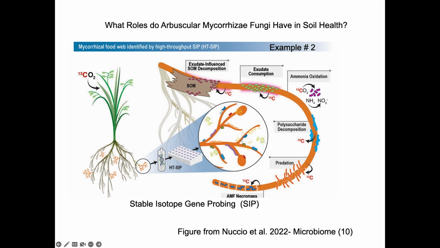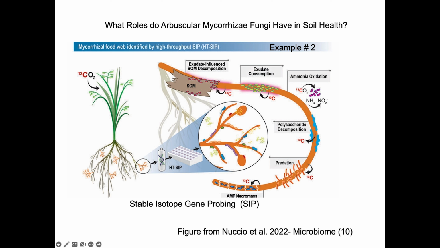Some of that carbon went in to form the initial part of soil organic matter. This is the stuff roots are sloughing off and getting rid of. Some of it went to exudates that was consumed by other stuff. Some of it was to feed the bacteria that convert ammonia to nitrite, and then the nitrite, ammonia oxidation, or what we call nitrification.